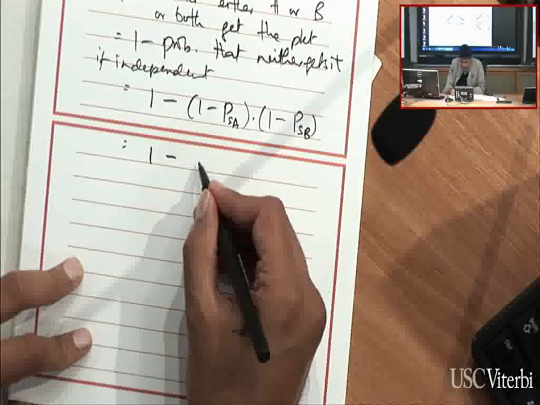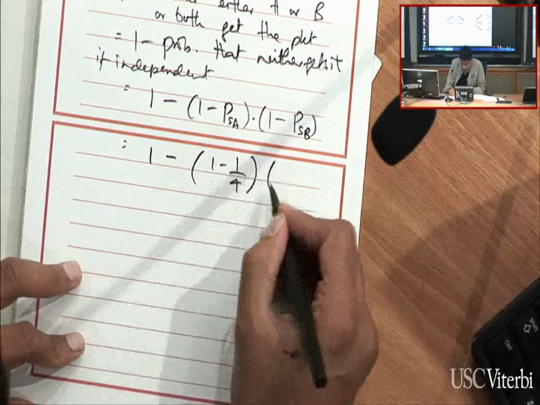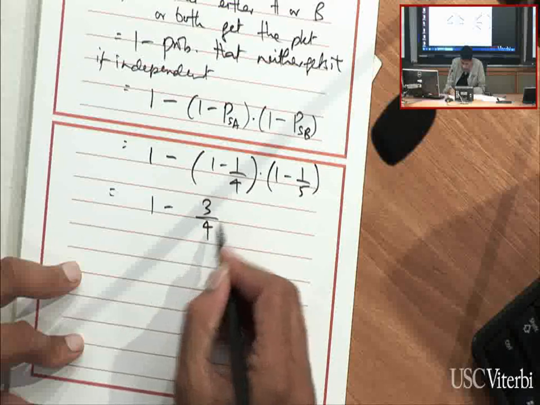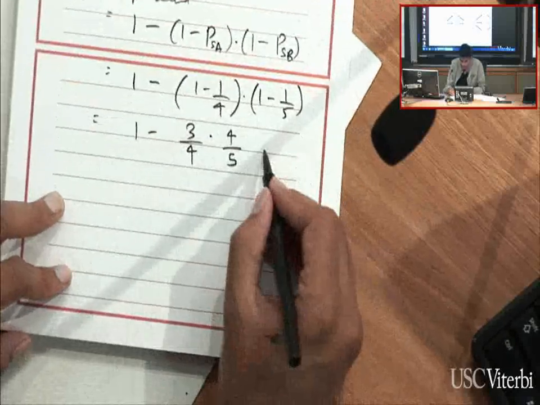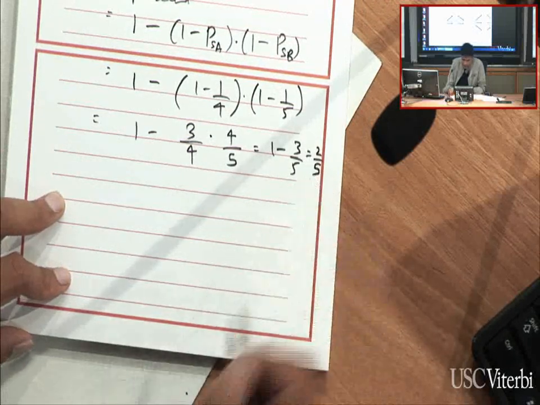The probability of S to B is 1 over 5. So we put those numbers in. So this is 1 minus 1 over 4, this is 1 minus 1 over 5. So 1 minus 3/4 times 4/5, which is equal to 1 minus 3/5, which is 2/5.